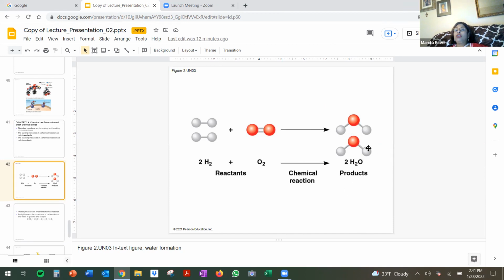So H2O are the products, the end result, and the reactants are the starting molecules. Hydrogen and oxygen in this chemical reaction are the starting molecules, and the end result, water, are the products, two water molecules.